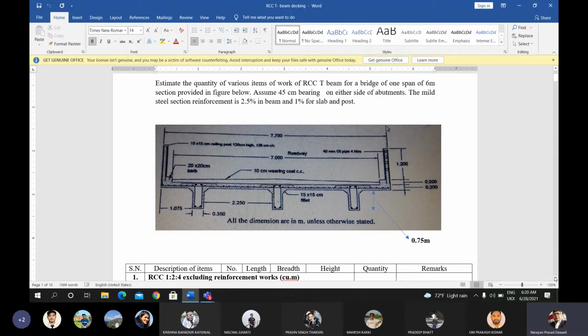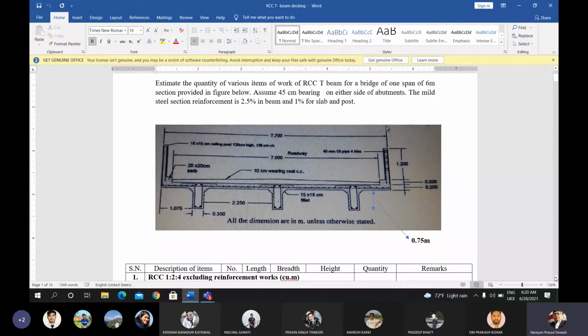Now look, all the dimensions are provided here in meter. If other dimensions are given, they are specified in the question or in the drawing. This is the cross section direction. Above the decking slab, there is the wearing course of 10 centimeter, for the 7 meter width.